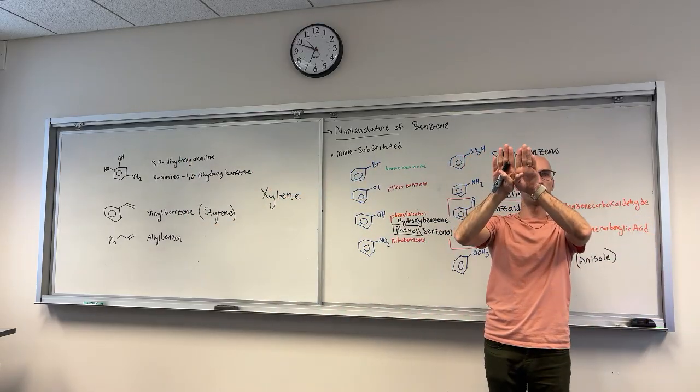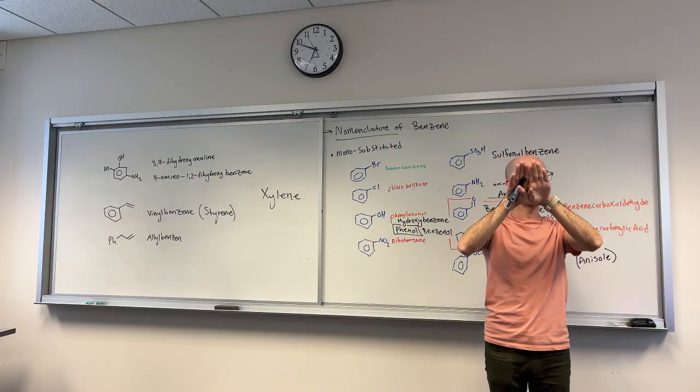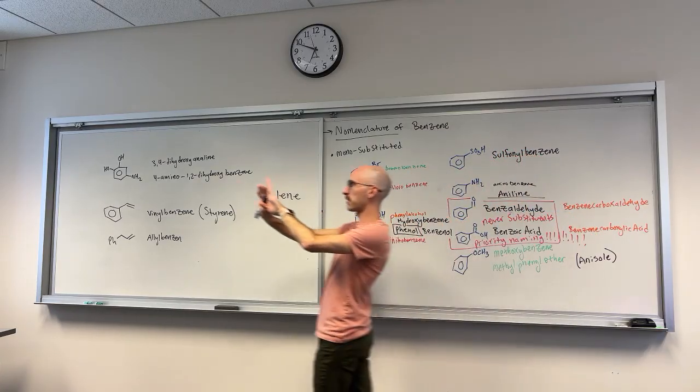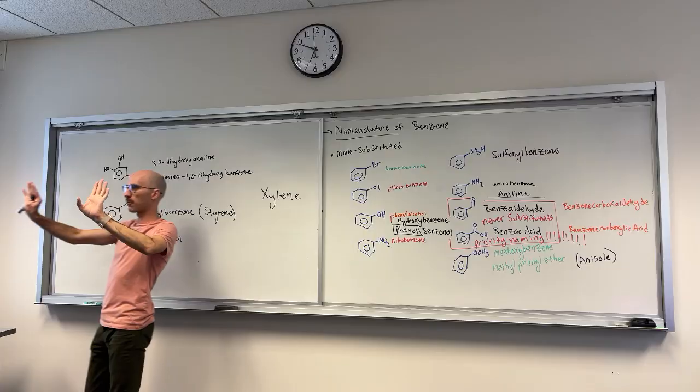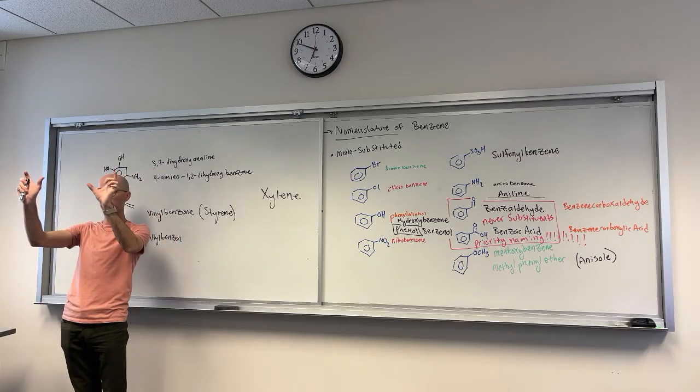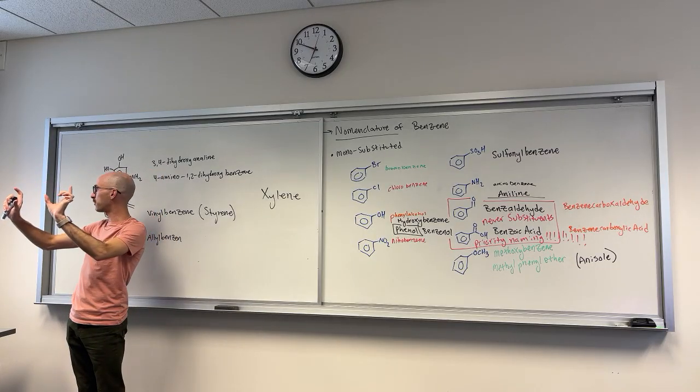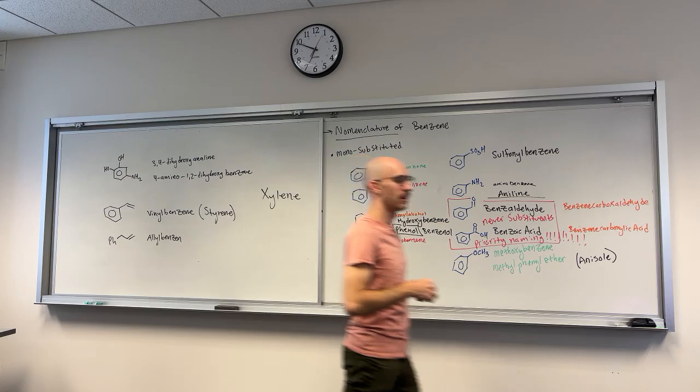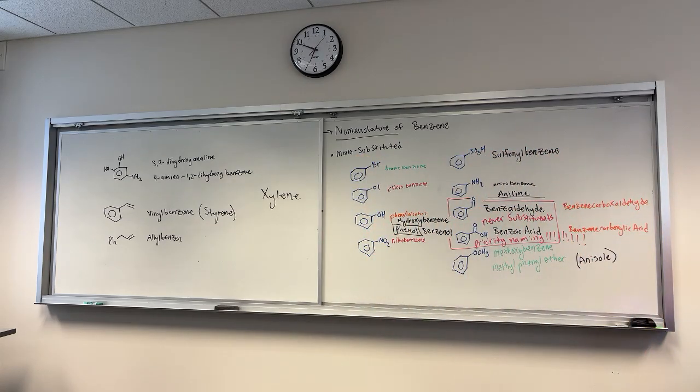It's 2 rings fused together. Anthracene, 3 rings fused together. Phenanthrene, 3 rings fused. Oh, phenanthrene's not up there. Phenanthrene is 3 rings fused together, except one of them is offset, like this.